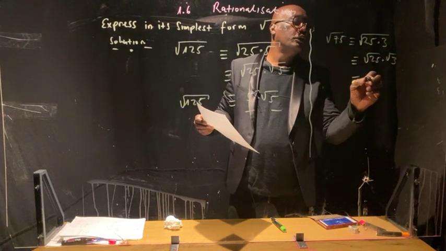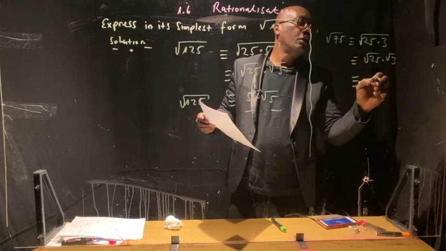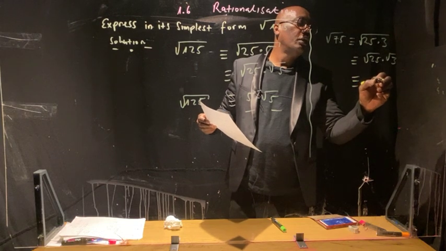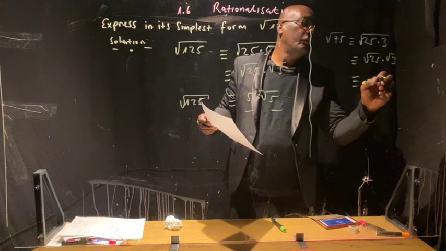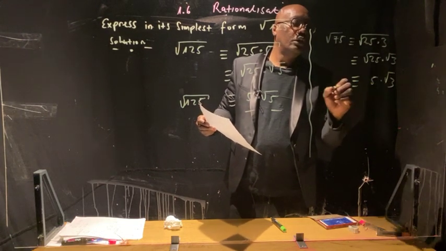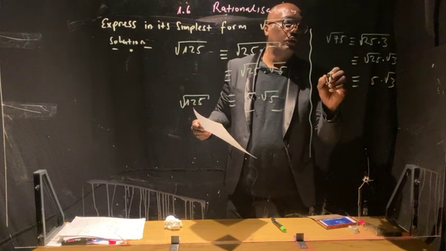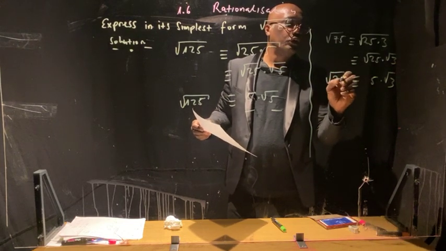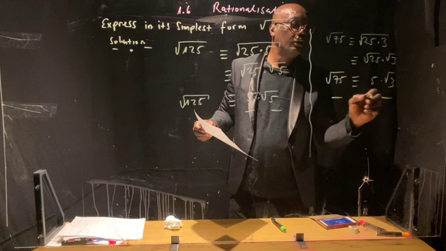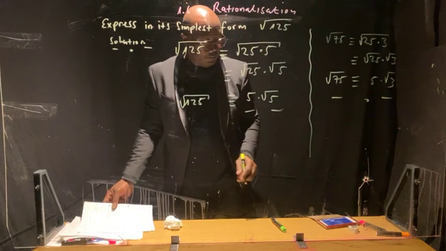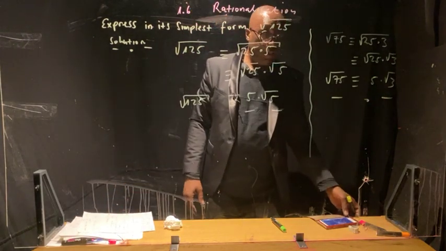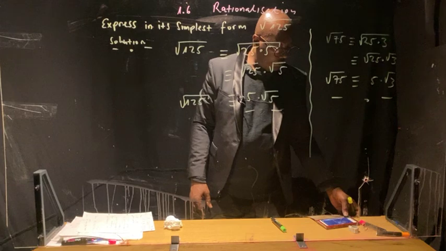Root 25 is equal to 5. However, root 3, we leave it in that form. Therefore, root 75 is equal to 5 root 3. Take your time to copy. We'll take the next question.